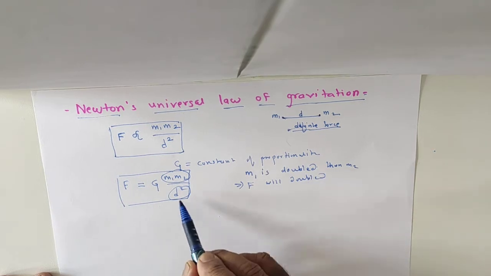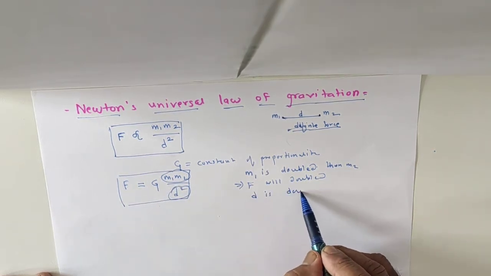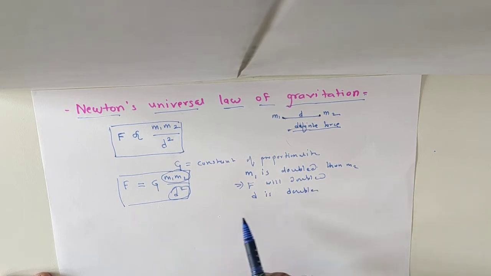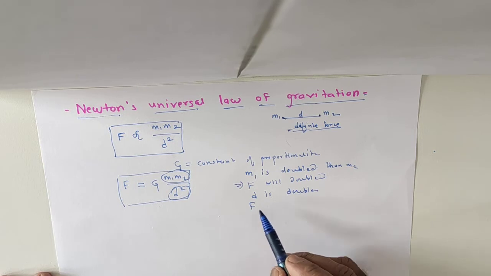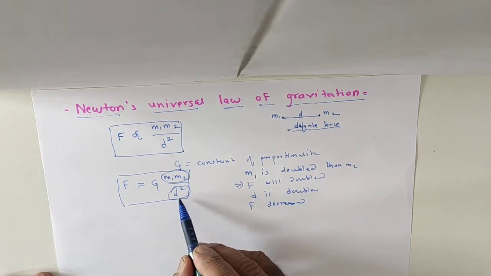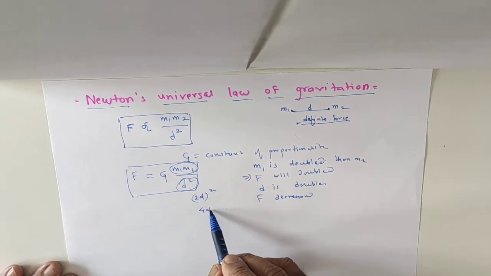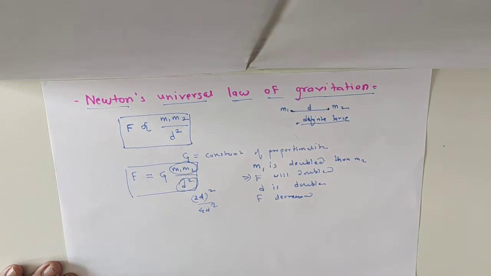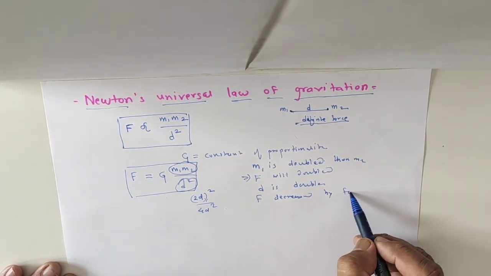But when distance is doubled, then what will happen? Force decreases. Doubled means in place of d we write 2d, then 2d square means 4d square, and this is the denominator, and hence F decreases by factor 4.